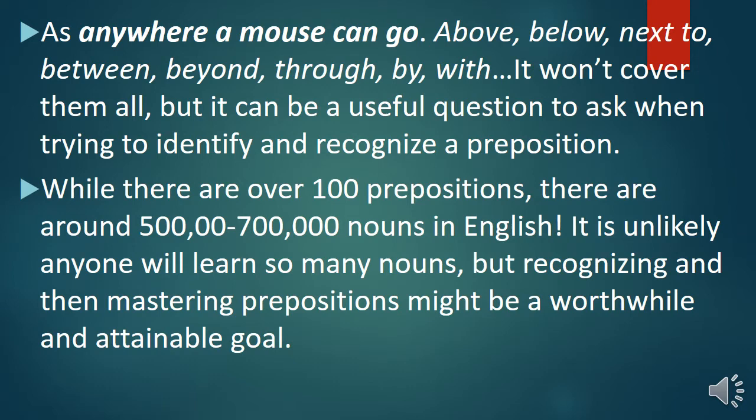It won't cover them all, but it can be a useful question to ask when trying to identify and recognize a preposition. Of course, there are over 100 prepositions and there are around 500,000 to 700,000 nouns in English. You can't learn them all, but recognizing and then mastering prepositions might help you to achieve your goal.